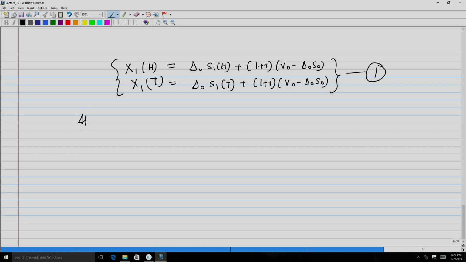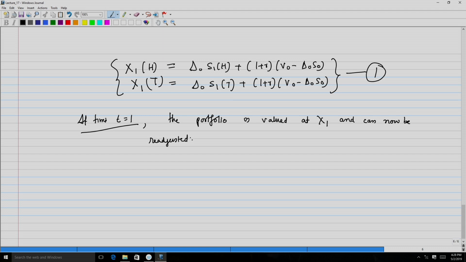Now, at time t equal to 1, what was the portfolio? Delta naught shares and the remaining in a risk free account. So, this portfolio is valued at x1 and can now be readjusted.